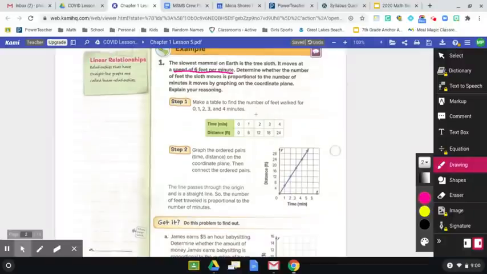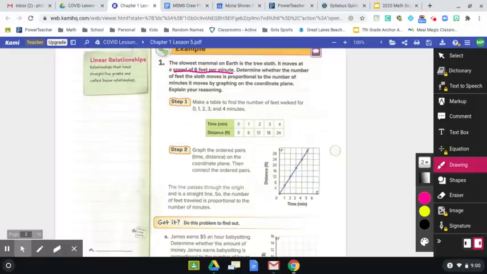So step number 1 would be to make a table and find the number of feet walked for 0 through 4 minutes. The table's already been done for you. And since in the story it talked about the sloth moving at a speed of 6 feet per minute, when we look at the table, it makes sense to set it up starting with 0.